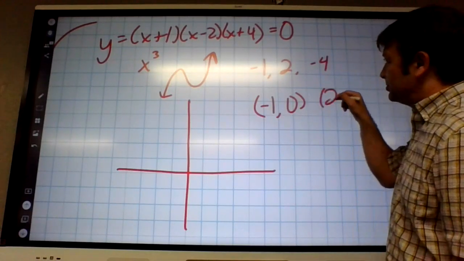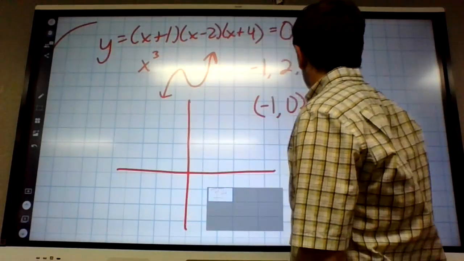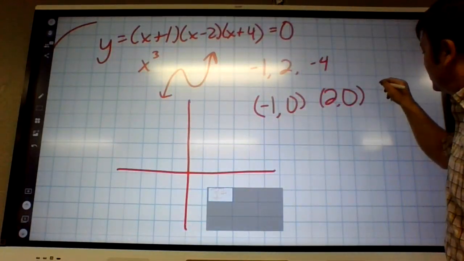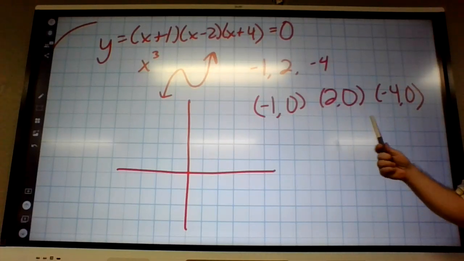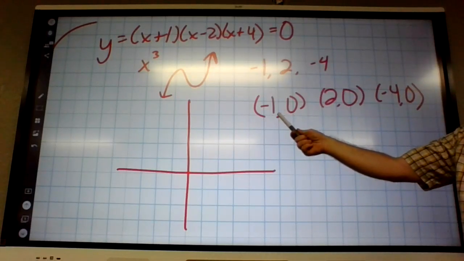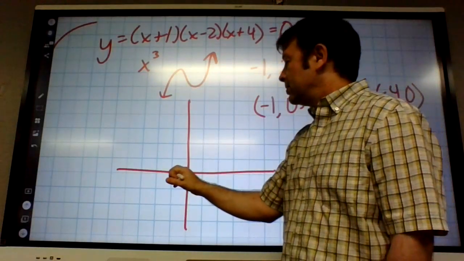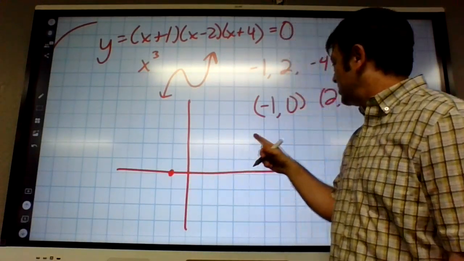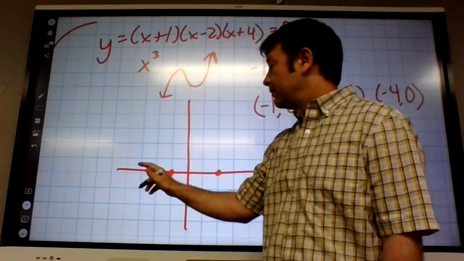When you plug in 2, all this equals 0. When you plug in negative 4, all this equals 0. So those are the zeros of the function. They're also the x-intercepts. So it's going to cross at negative 1, 2, and negative 4.